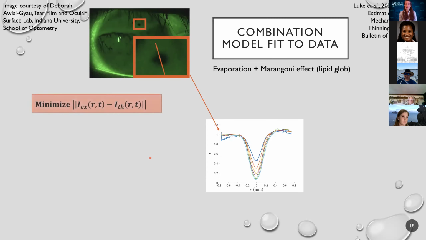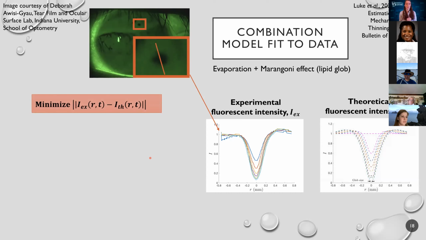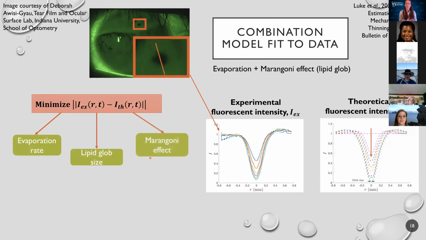Again, we're going to minimize the difference of the experimental fluorescent intensity from the images and a theoretical fluorescent intensity from our model over slightly different parameters this time. We have a single evaporation rate. We have the size of the glob of lipid. And we have a number quantifying the strength of the Marangoni effect.